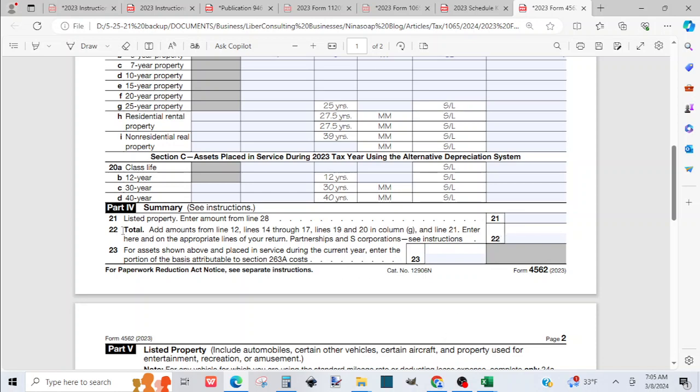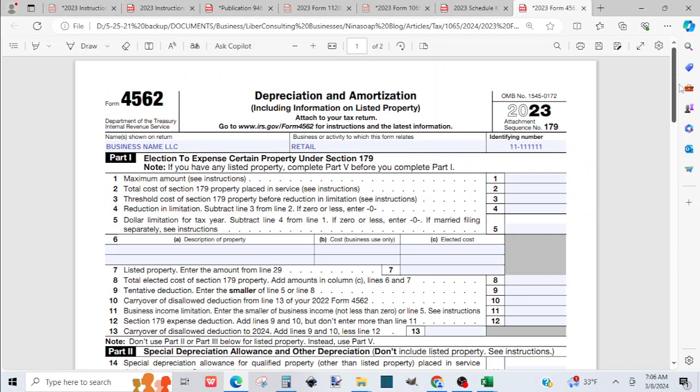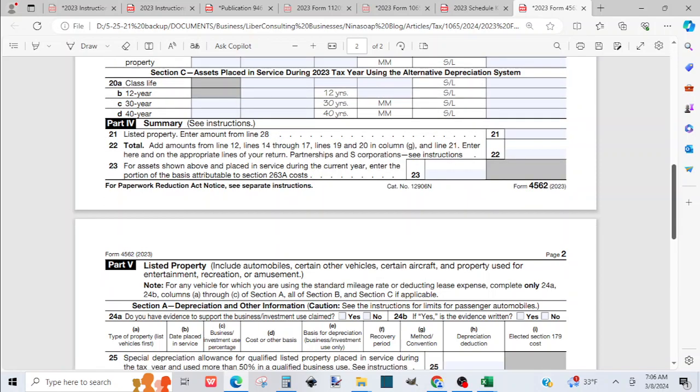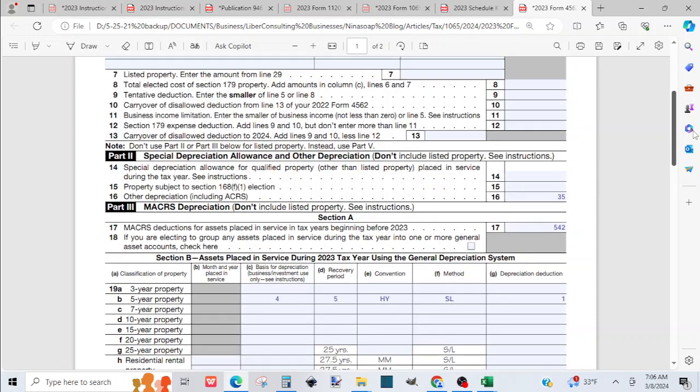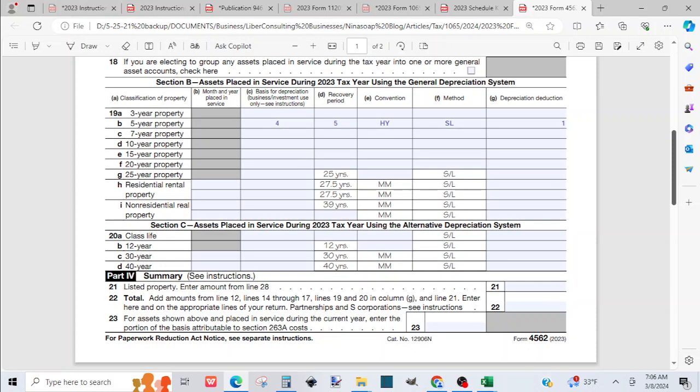Add line 22 total, add amounts from line 12, 14 and 17. So line 12 is the Section 179. What do they mean by 14, 17, and 20?